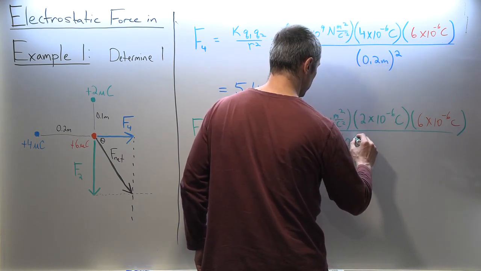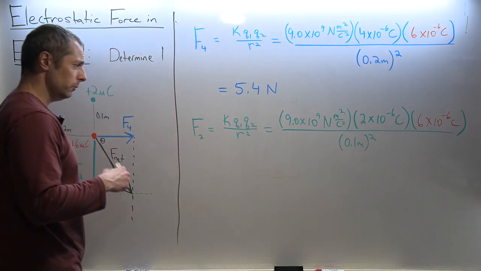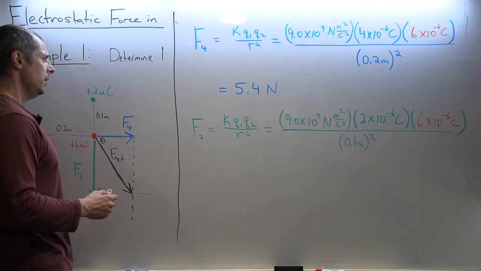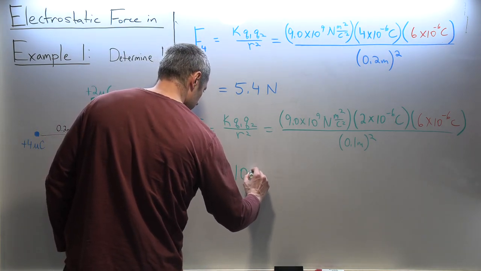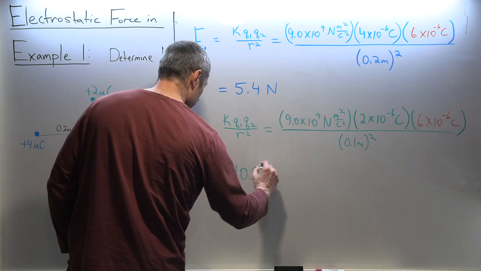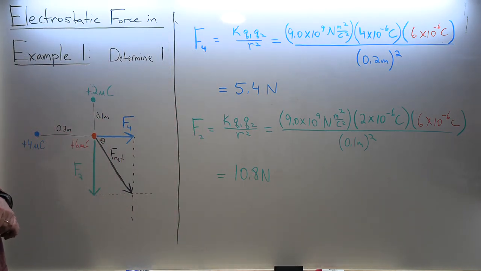So I do 0.1 meters squared. If you run that through on your calculator, you get 10.8 newtons. So I have the Newton values of those two forces.